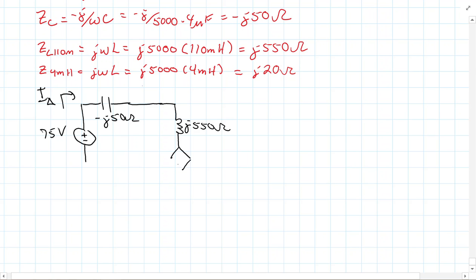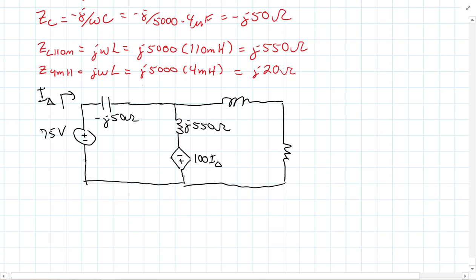Then I have my dependent power supply, and this is 100 I delta. Then I have another inductor and my 10 ohm resistor. And this is a j20 ohm inductor.